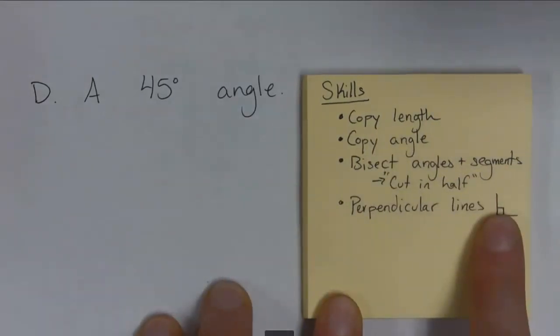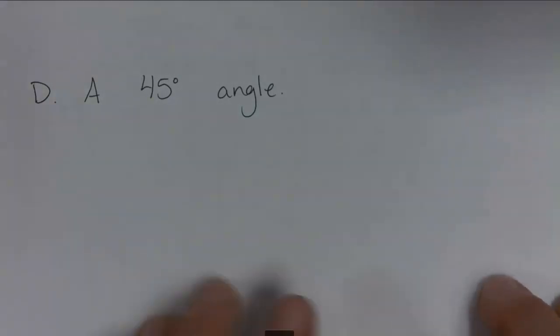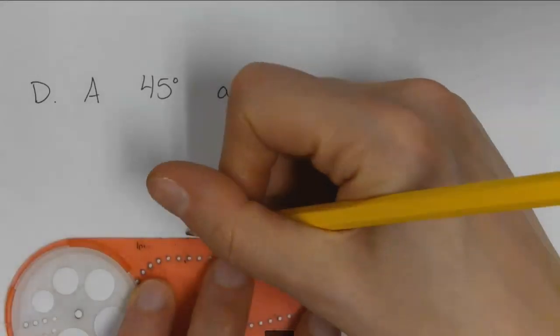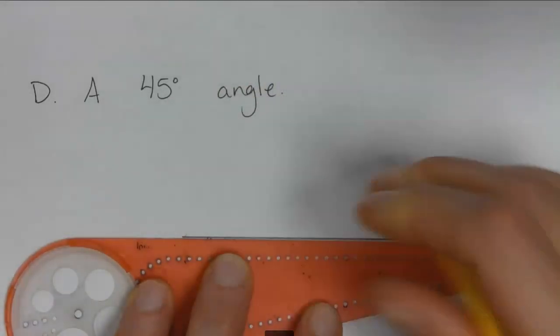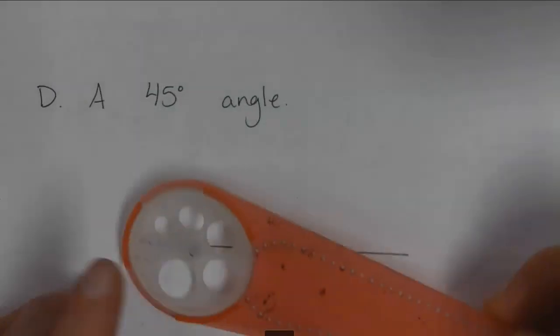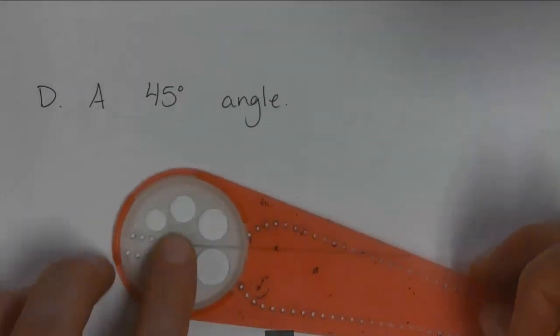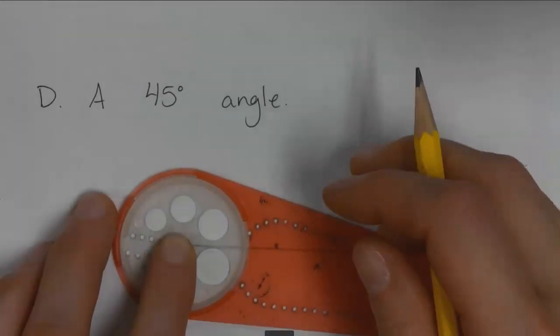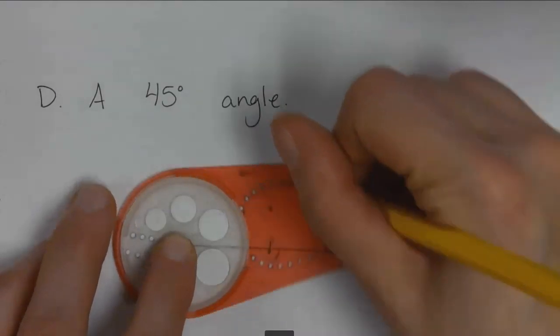I'll start by making a 90-degree angle and cut it in half. So in order to make a 90-degree angle, all I need to do is go ahead and make for myself a line segment. From here, I can find the perpendicular bisector of it. I'm going to just extend a little bit past halfway.